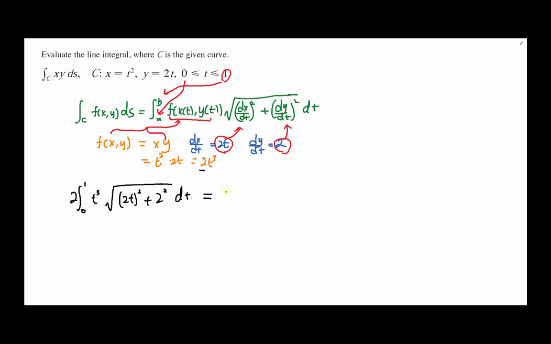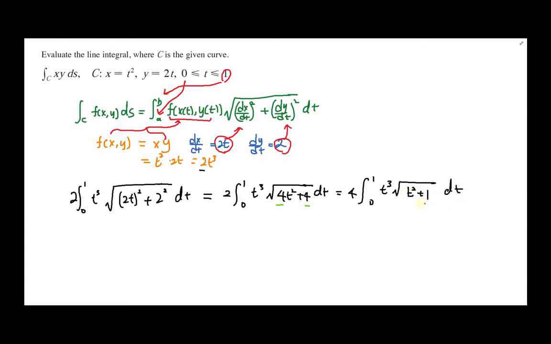Okay, I will simplify further. I can pull out that 4 outside by factoring, and when you take out the radical 4, you get 2, and I can multiply that 2 to the existing 2 in front of the integral sign, so I should get 4 in front, and we get up to here.